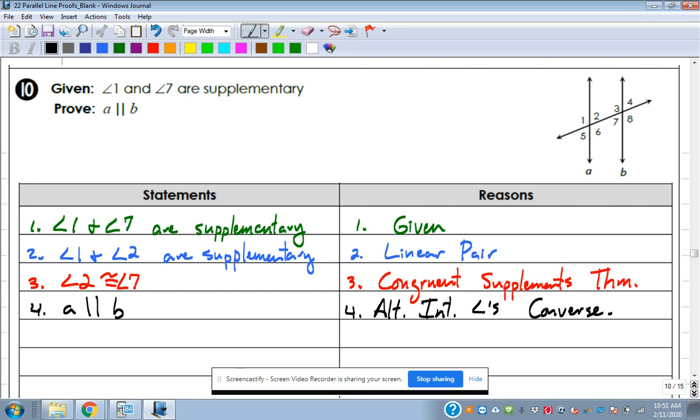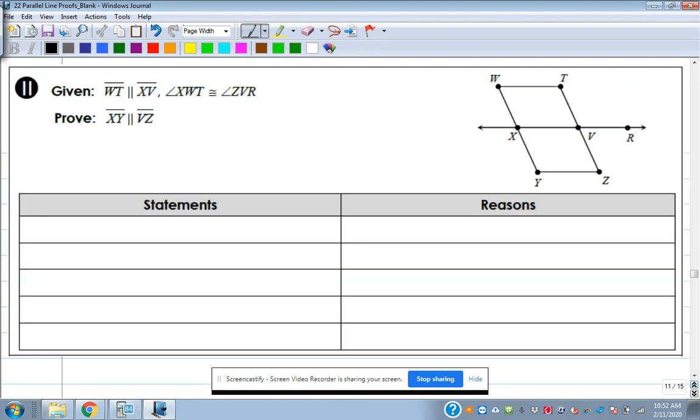And if 6 and 7 are supplementary, they're consecutive interiors, right? So you could use the consecutive interior angles converse to prove them parallel. So it's a different route, not any longer, not any shorter, same outcome though. There are different routes to prove these things, because you've got all of these different angles that you could use.